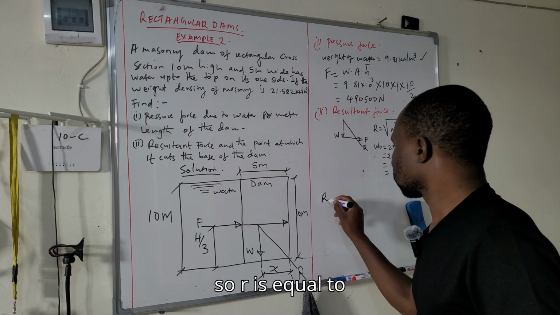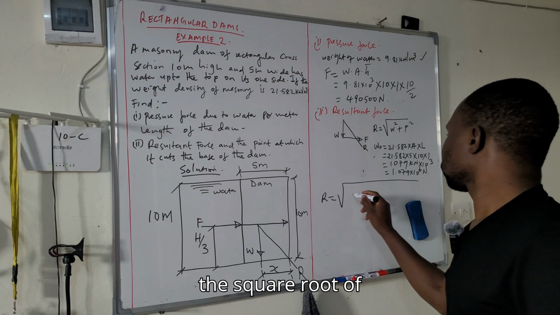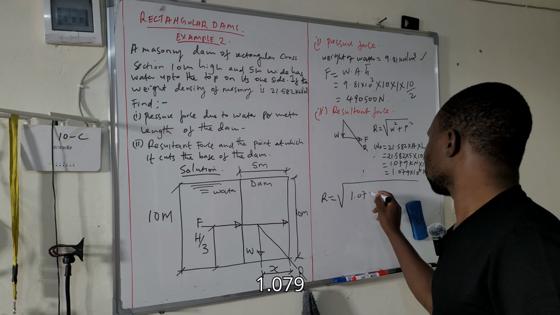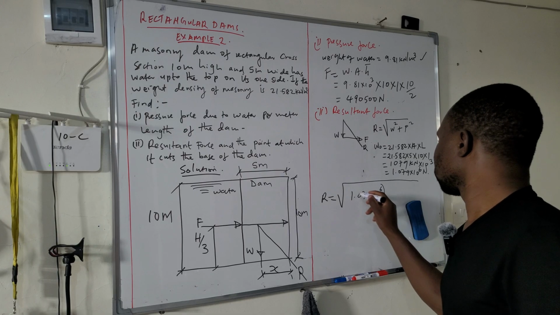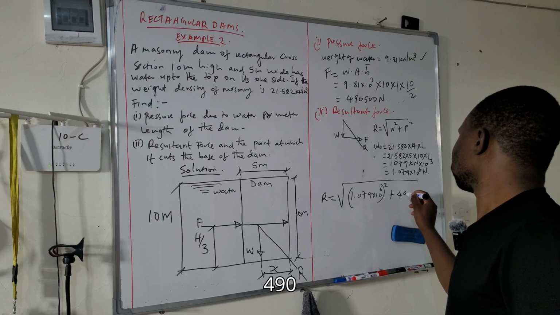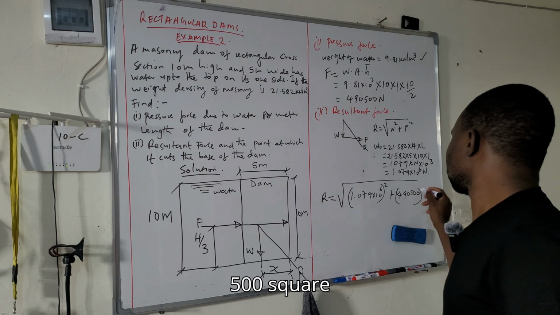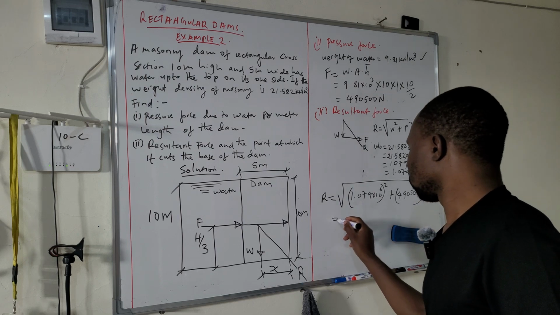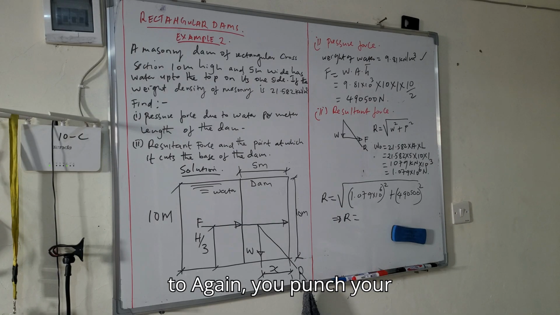So R is equal to the square root of 1.079 times 10 to power 6 square plus 490,500 square, which implies R is equal to, again you punch your calculator.